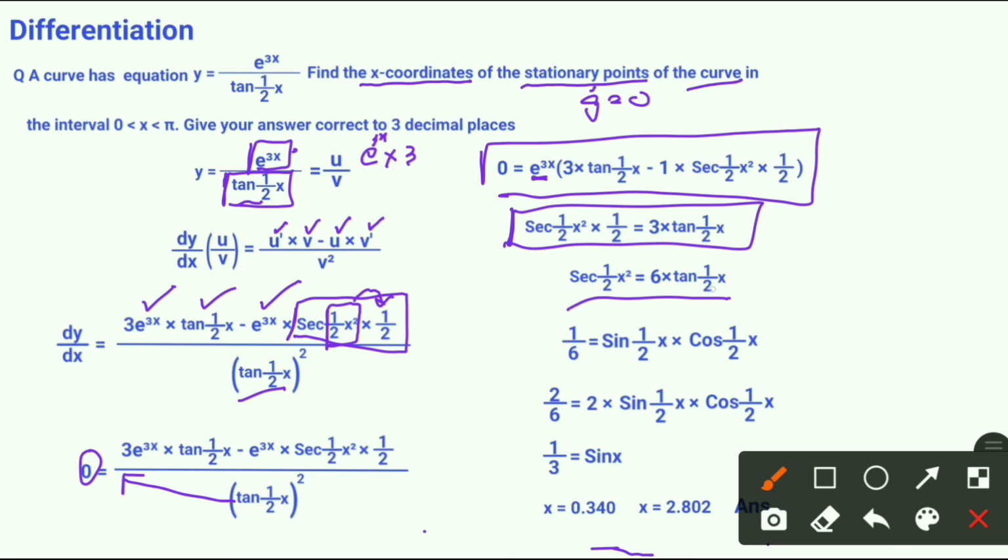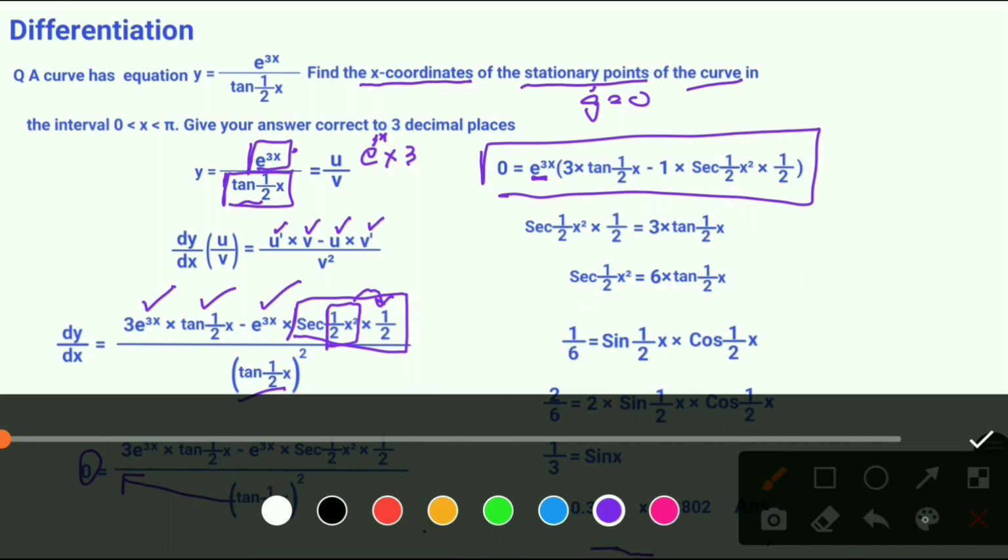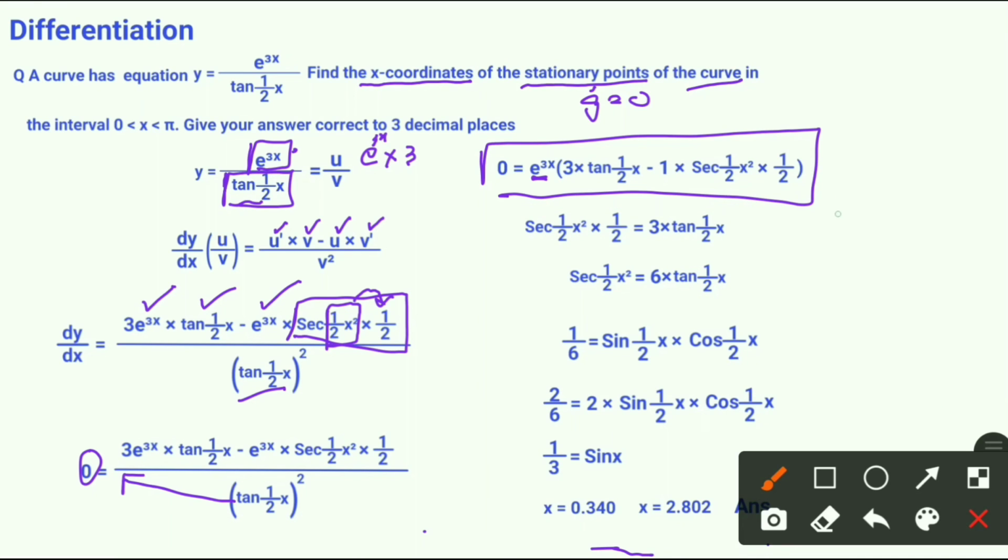Simplifying it, 6 goes to the left. We break tan down into sine upon cos, and we know that sec is 1 upon cos. So 1 upon cos squared is equal to 6 multiplied by sine upon cos.